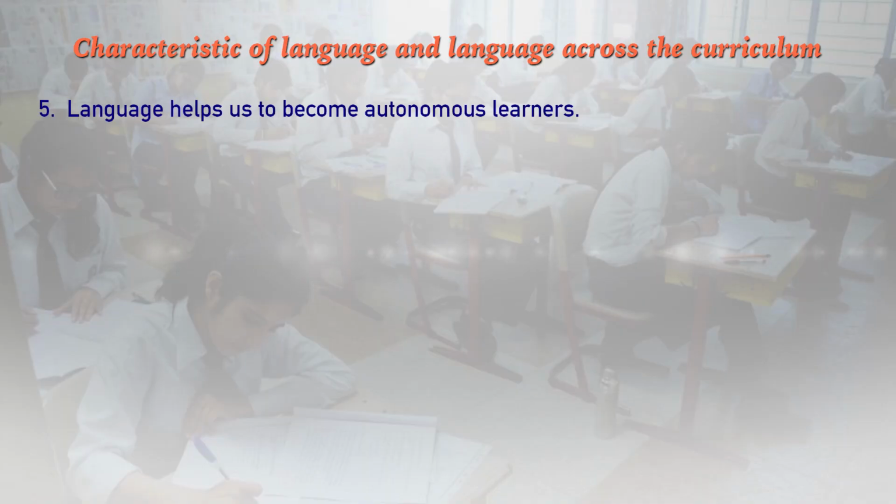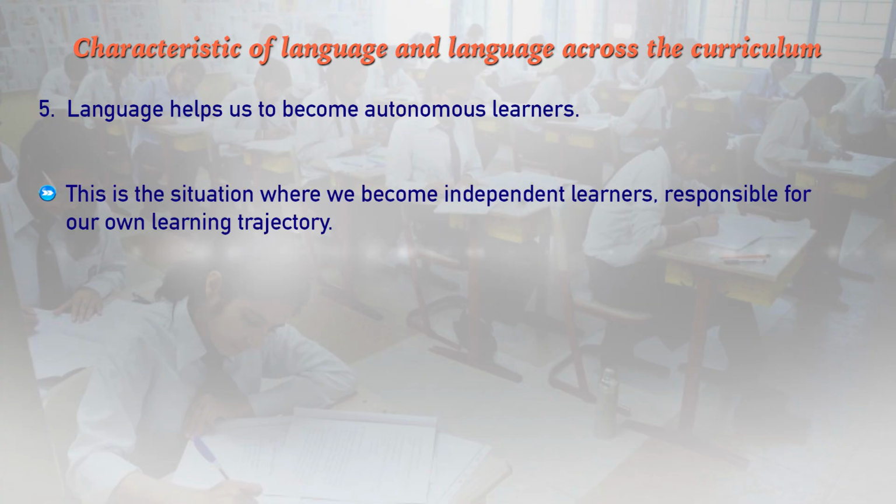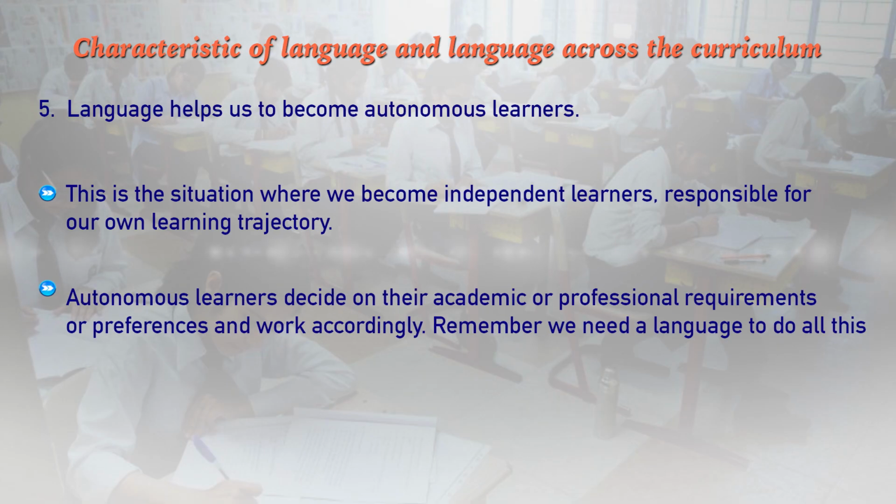Finally, language helps us to become autonomous learners. This is the situation where we become independent learners responsible for our own learning trajectory. Autonomous learners decide on their academic or professional requirements or preferences and they work accordingly. Remember, we need a language to do all this.